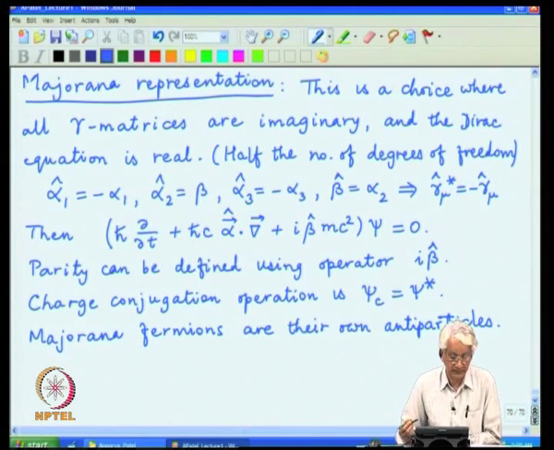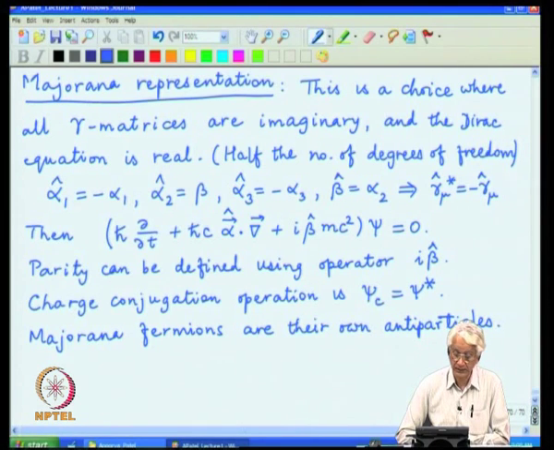You get the same solution back after applying the charge conjugation operation, and this is an unusual feature.